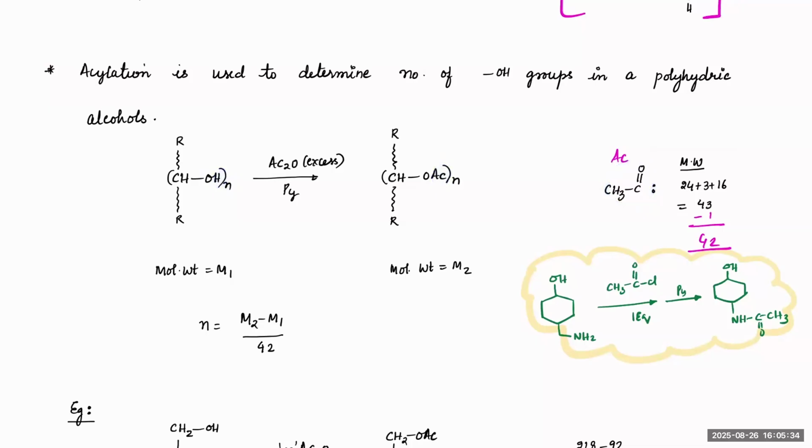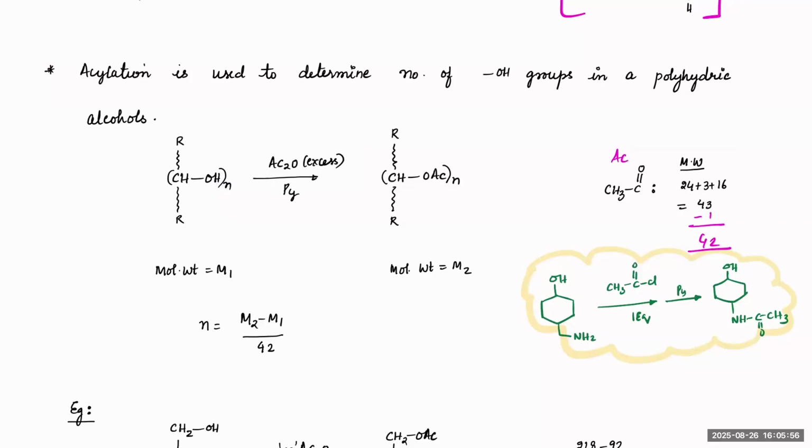Got it? Now what is the molar mass of Ac? Molar mass of Ac is 43, and that is replacing one hydrogen. Remove that, so minus 1. So how much is the extra mass that it is gaining? 42. So for every OH group, you get an extra 42 grams of mass gained on the ester. Clear, beta?